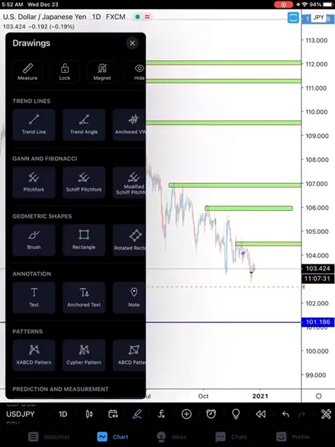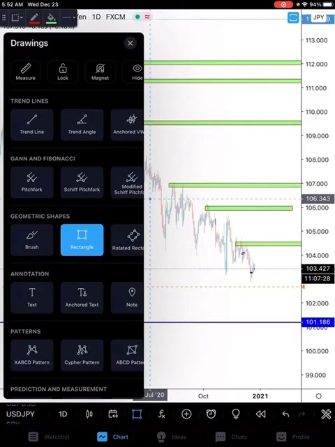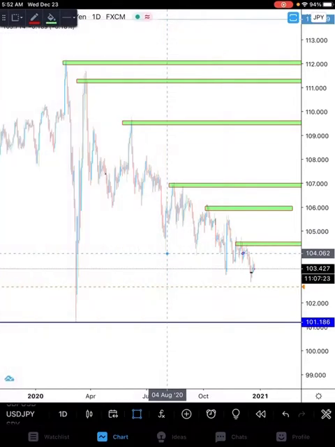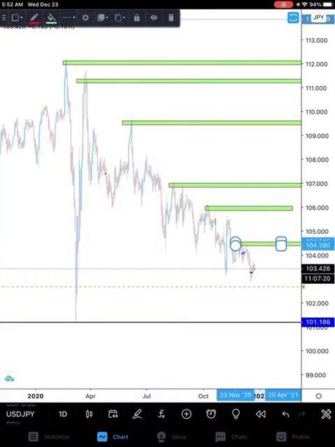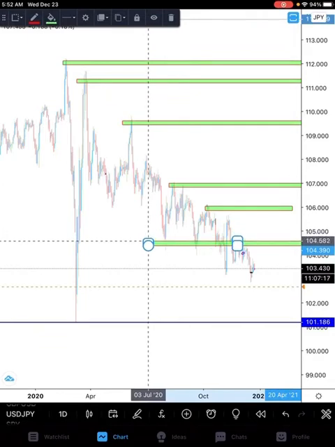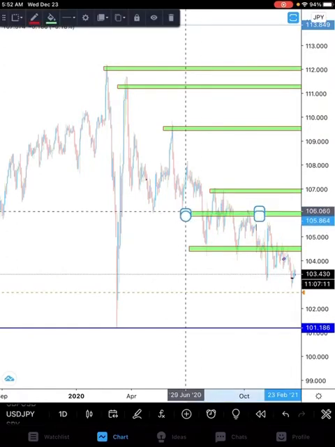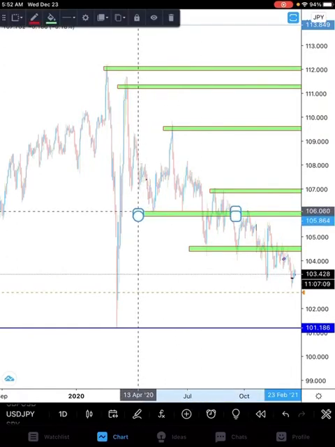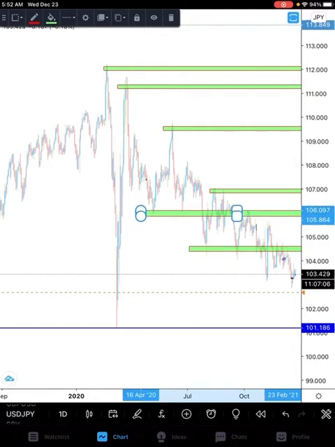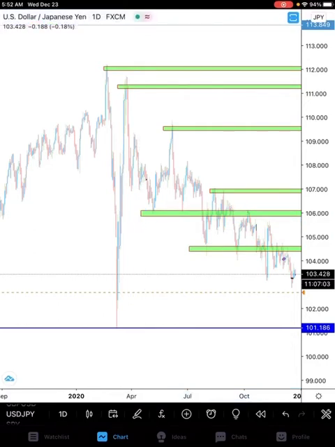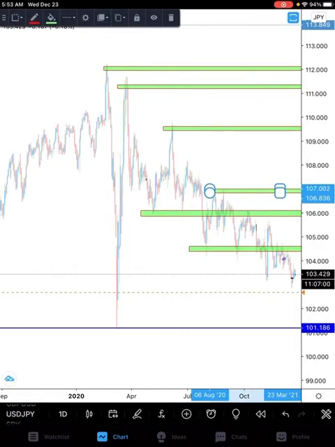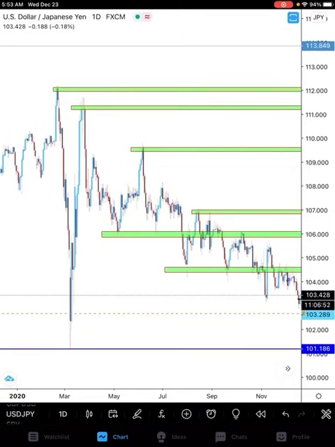Here I'm going to mark off zones of support, and they're all going to be green, because when you break a zone, actually I could drag some of these over here, because whenever you have a broken support or broken level of resistance, the market will turn that into newfound support, and if you have broken support, it will turn it into newfound resistance. That's just normal market structure anyway.